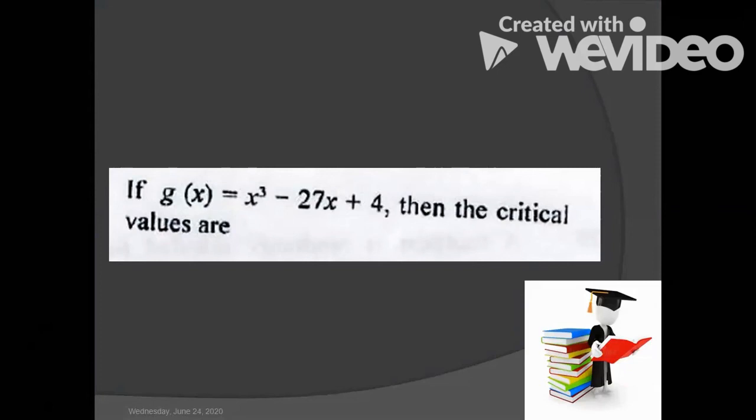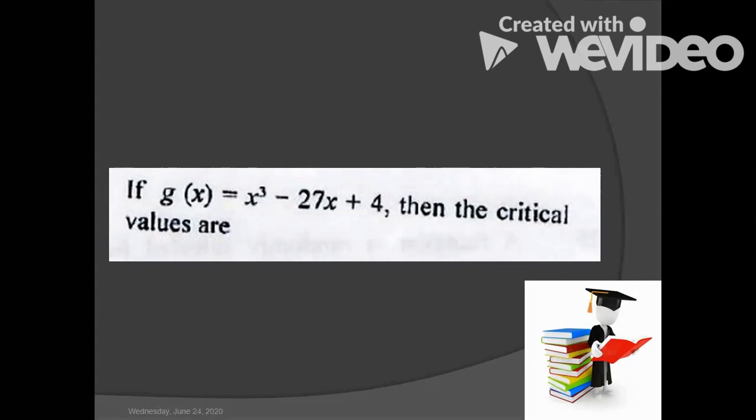Yet again we're talking about the point on a curve where the gradient is 0, or where the curve is just about to turn. Just imagine you're in a plane, and when your plane is just about to turn, at that point, that's going to be your stationary point, turning point, or critical point.